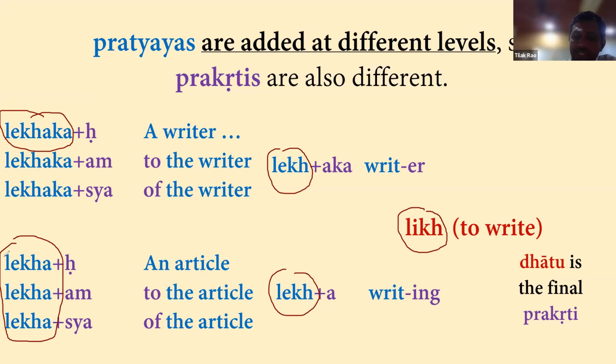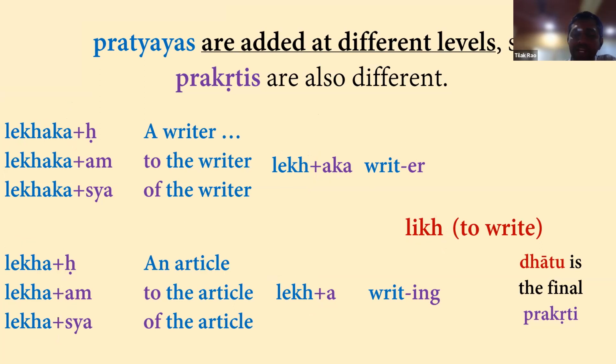So we add pratyayas at different levels, and therefore there are different prakritis. Likh is the final prakriti, a foundational one. By adding aka, it becomes lekhaka, which is also a prakriti. Like that, there are different prakritis. And there are different pratyayas also.